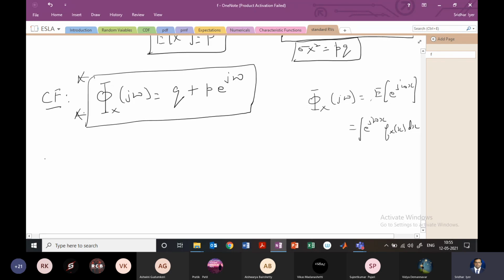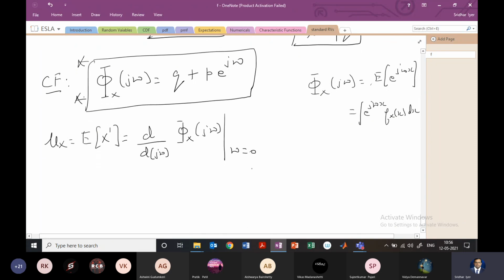The aim here is to find the mean value mu x, and mu x is e of x. So just to make it more clear, it is e of x raised to 1. Therefore we need to find the derivative d by d of j omega of phi x of j omega, and then substitute omega equal to 0, right?